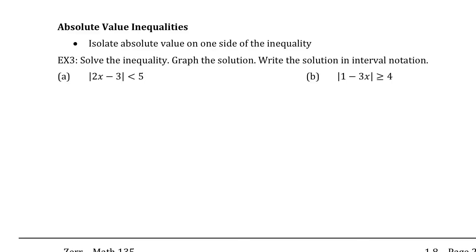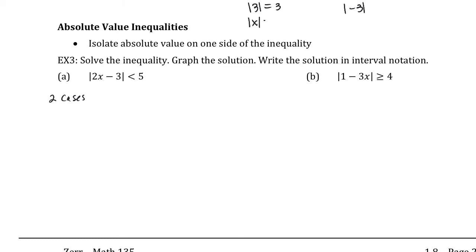Okay, so let's do some inequalities with absolute value. Here all you have to do is isolate the absolute value, and then we'll set up our two cases. Just to remind you, if I have absolute value of something, if what goes in there is positive, then what comes out is the same.